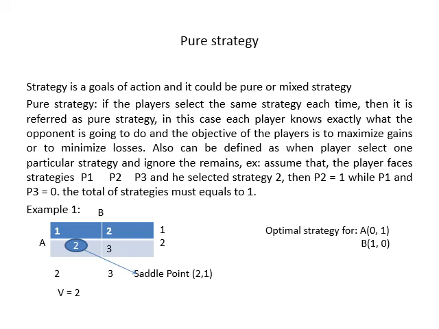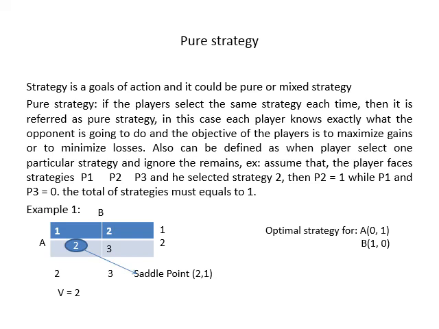Player A has 2 rows, that means he has 2 strategies, while player B has 2 columns, that means he has 2 strategies. As known, player A plays for maximum. Player B plays for minimum.